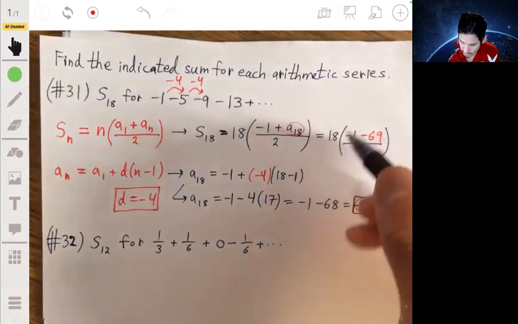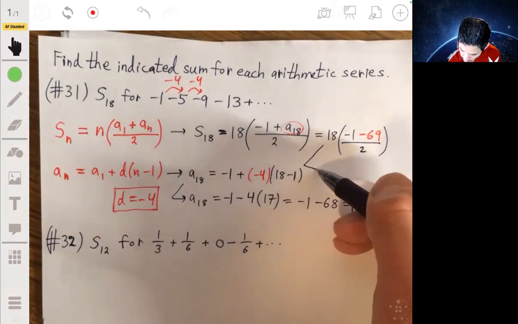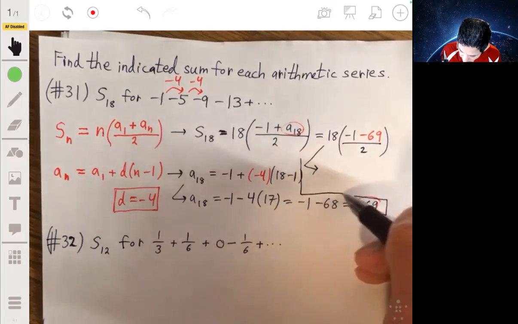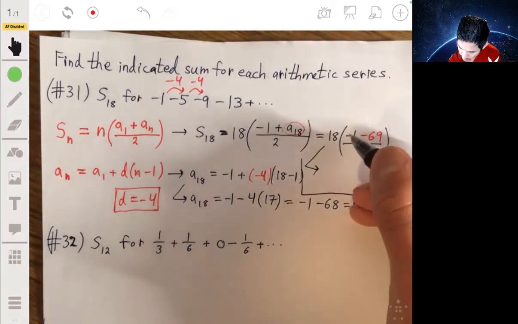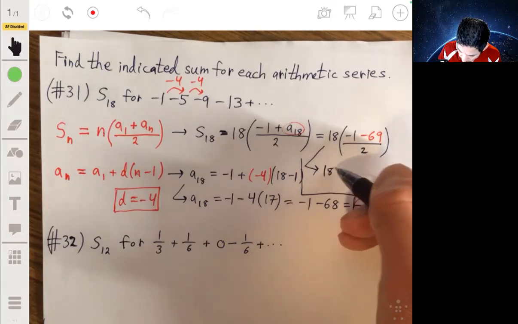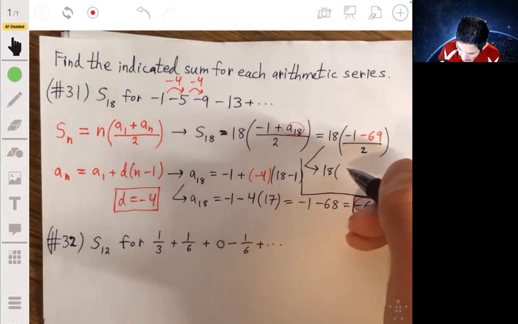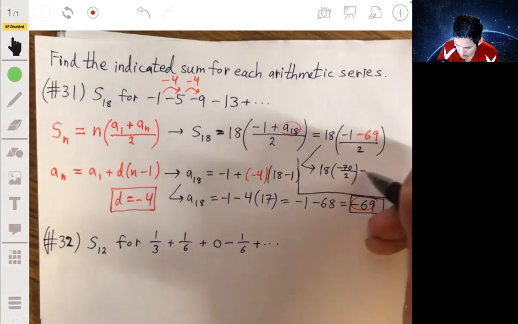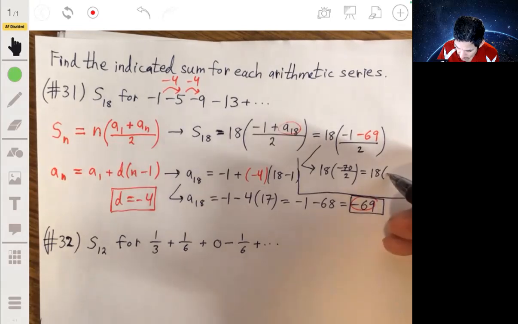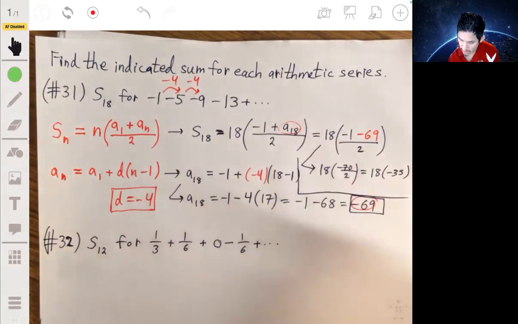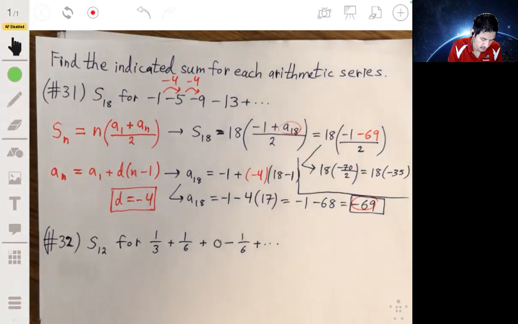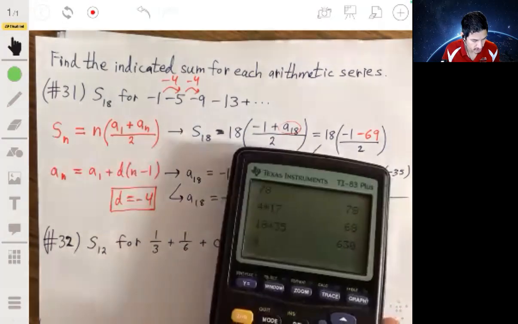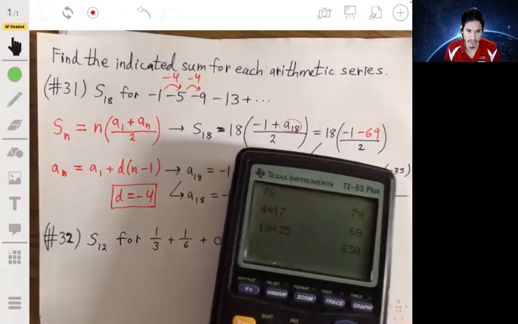And then we just do the calculation from here. 18 times -1 minus 69, so -70 over 2. 18 times -35, and that should give us -630.